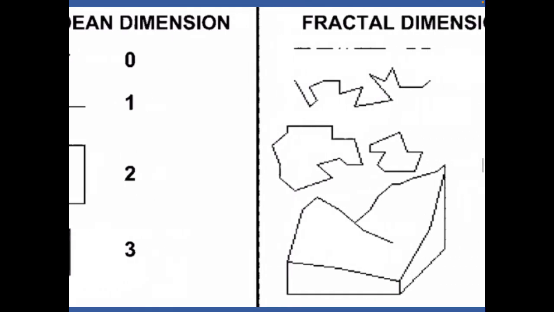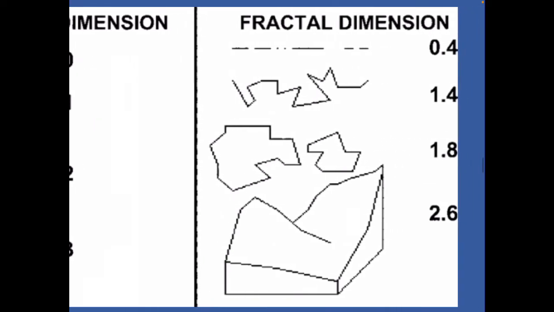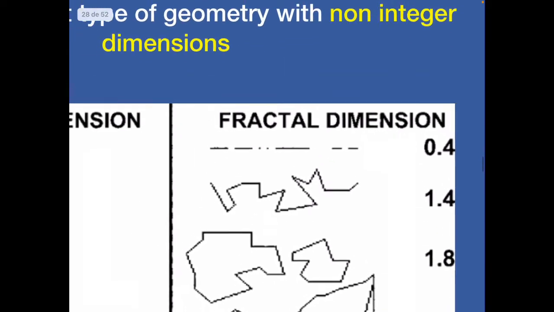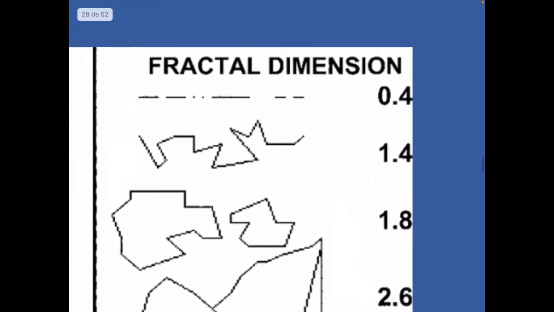But the geometry that we require in order to make these models is called fractal geometry. Why? Because it is based on dimensions that are fractionary. They are non-integer dimensions, as it says here. Non-integer dimensions means that they are not integer numbers, that they have things in between. For example, 0.4, 1.4, 1.8, 2.6.